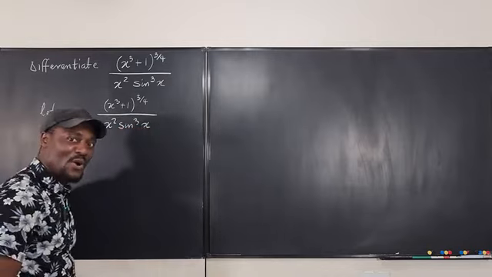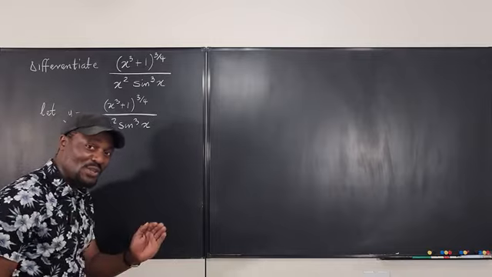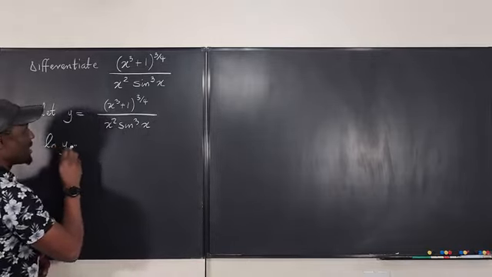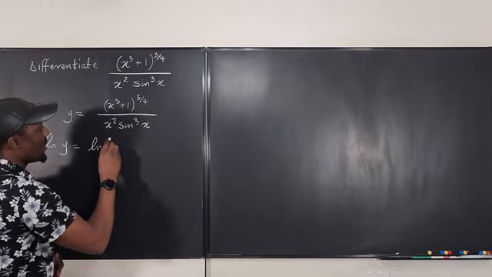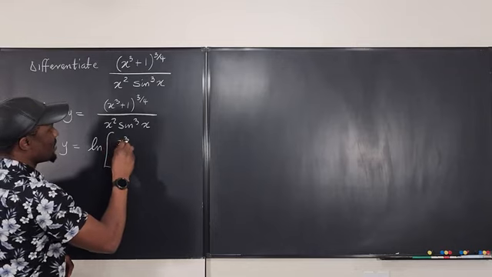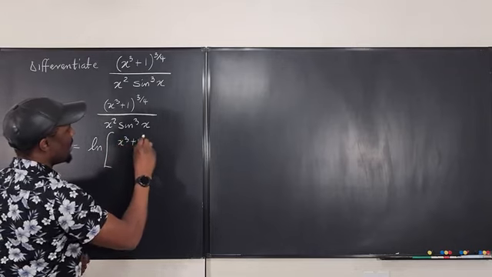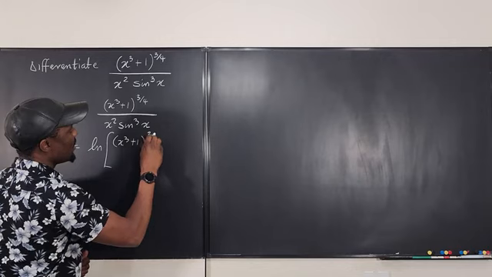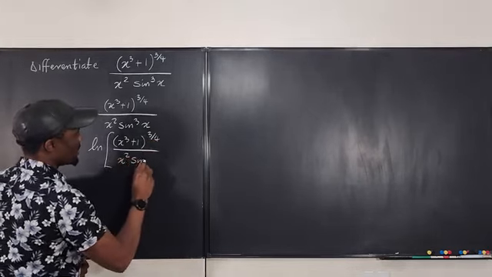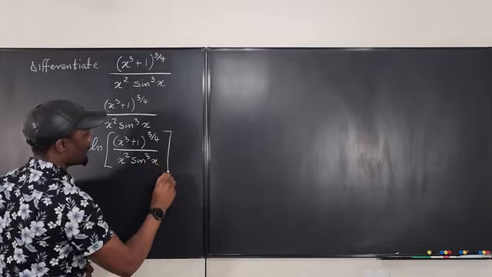Now you can see where I'm going. I'm going to take the natural log of both sides. If I take ln of y, it means I'm taking ln of this side also. It's going to be ln of (x cubed plus 1) raised to 3/4 divided by x squared sine cubed x.